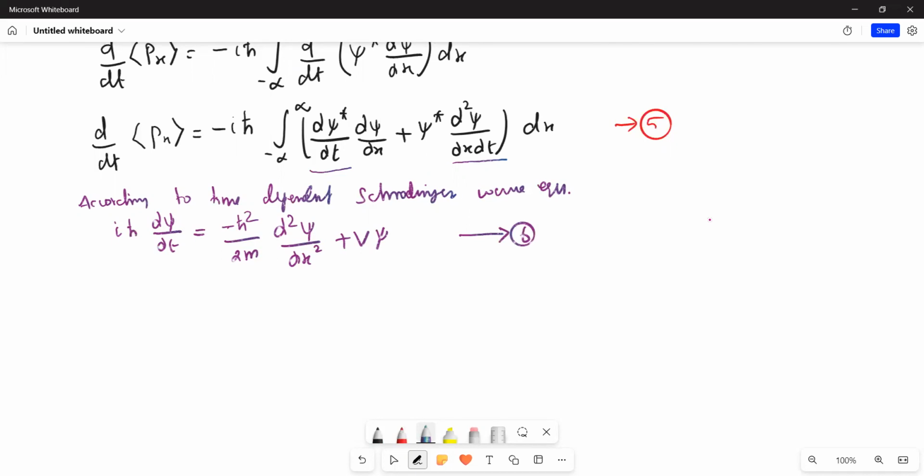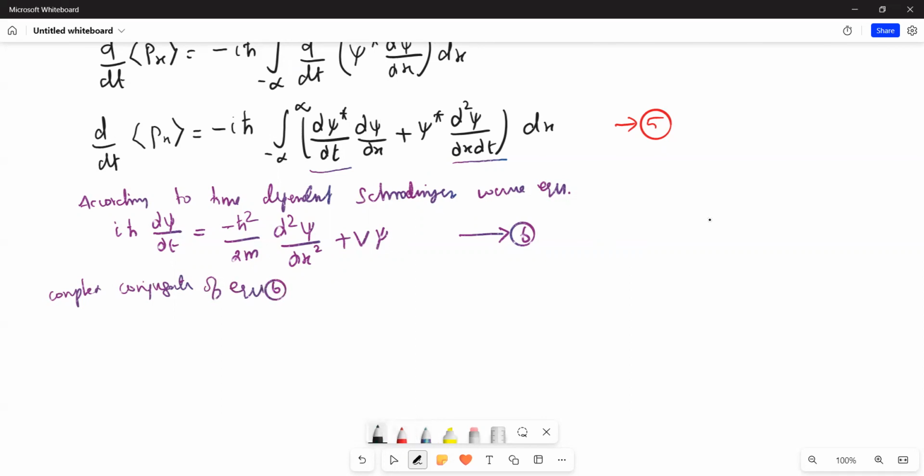Now please take the complex conjugate of this one. So what is your aim now? Now we need to get the value of dou psi star by dou t, and the second one, dou square psi by dou x dou t. That value we need to find. So now here you see the complex conjugate of the above equation.